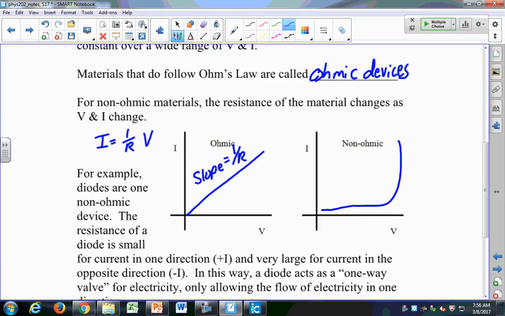So this would be a lot of resistance, and this would be practically no resistance at all. Here I have a very big resistance, basically R approaching infinity, because my slope is 0 and R is 1 over 0. And right here, I have a resistance that is approaching 0.